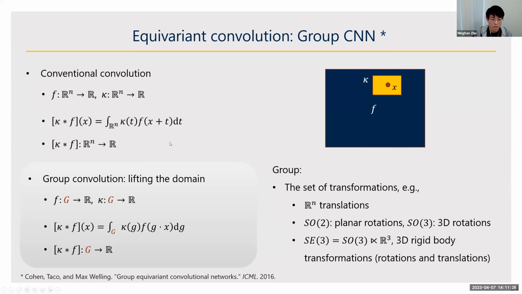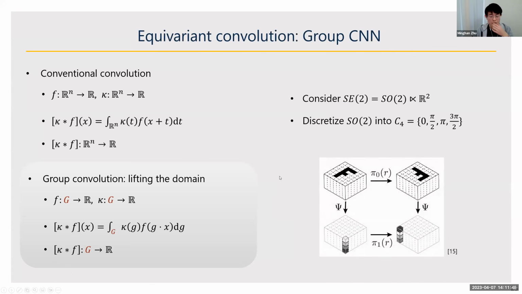Compared with a conventional convolution, a group convolution just lifted the domain for the input function, filter function, output function, and the convolutional operation. And this G can be Rn, which maps back to the conventional convolution, or SO3, SE3. For example, we can consider the SE2 case.